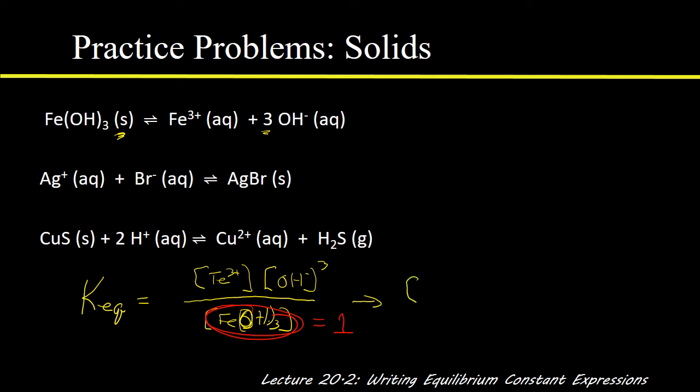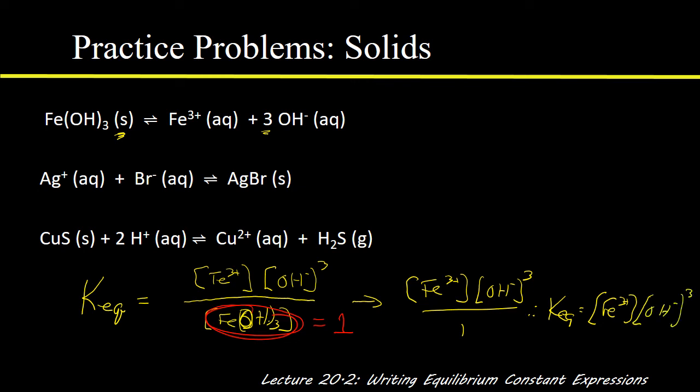This ends up giving us concentration of iron ions times concentration of hydroxide ions cubed divided by 1. And so the equilibrium expression is just the concentration of iron 3 ions times the concentration of hydroxide ions cubed.